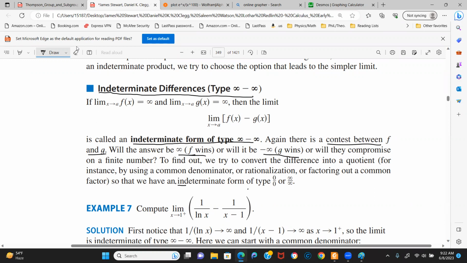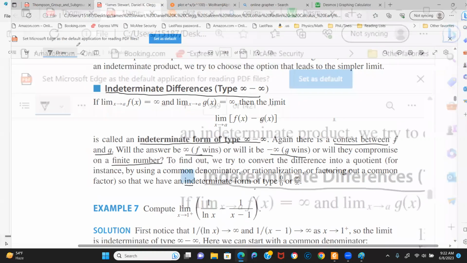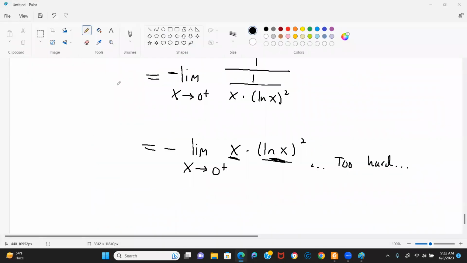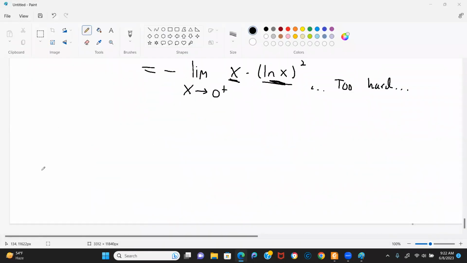If g goes to infinity faster, then it could be negative infinity. But they could both go to infinity at nearly the same rate so that you would get a finite number as your answer. Who knows? You have to manipulate these and apply L'Hopital's rule. So let's look at this example to see what sort of manipulation we need to do in the indeterminate difference case. This is example 7.